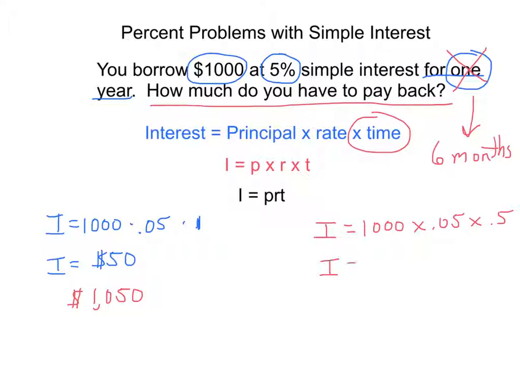When I solve that, I get an answer of $25, which means that I would be paying back a total of $1,025. Just make sure whenever you do this that the time is always expressed in years, not necessarily how it is given in the problem.